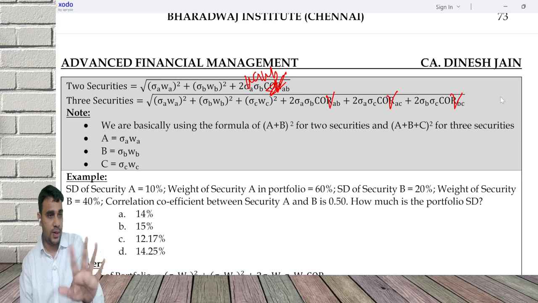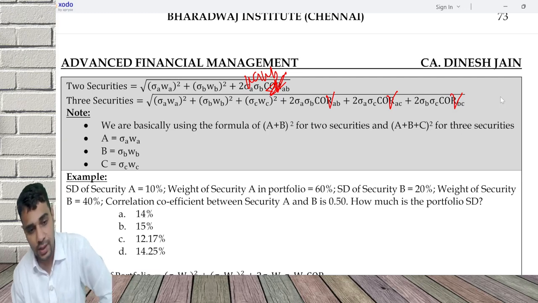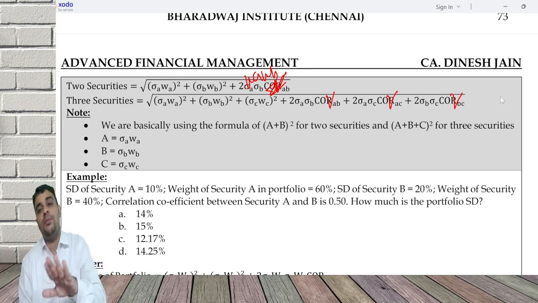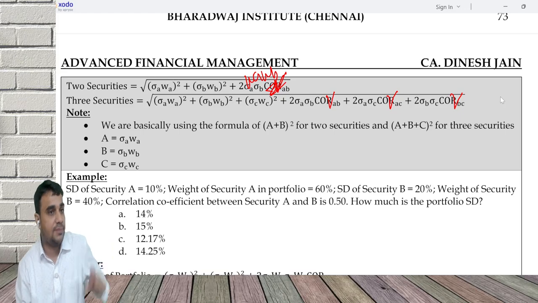Just attach the weight. There's an error in the formula. Please attach the weight there. If I'm using covariance, WA, WB will come. Sigma A, sigma C will not come.